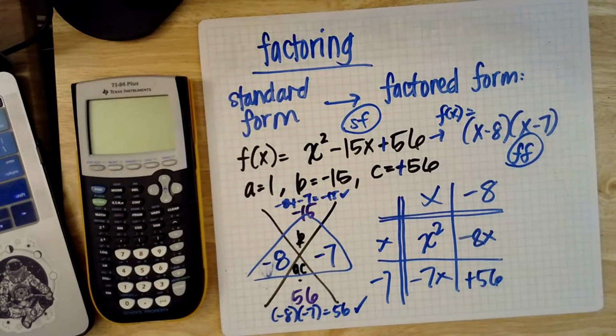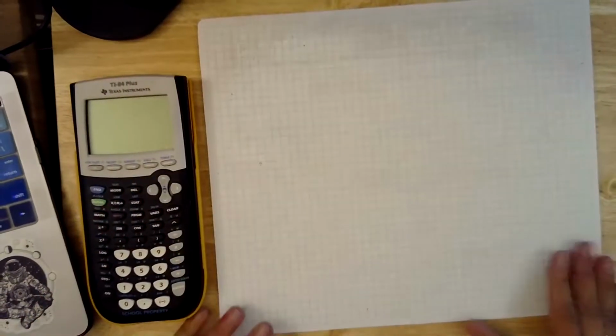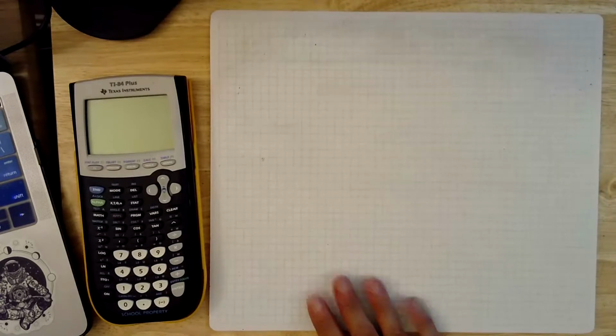Cool. And right now I'm going to showcase the next process. It's going to turn standard form into vertex form. And that's with, there we go, completing the square.